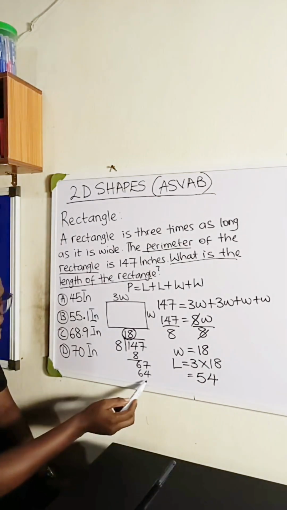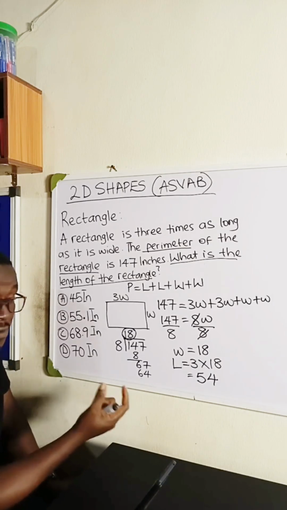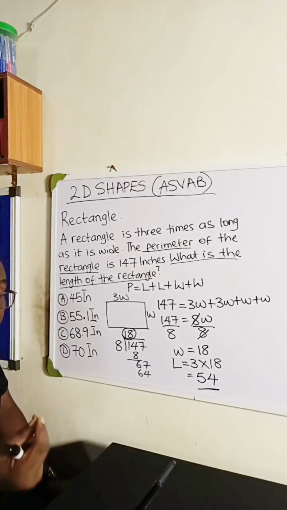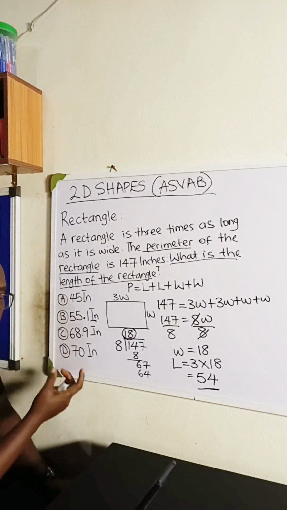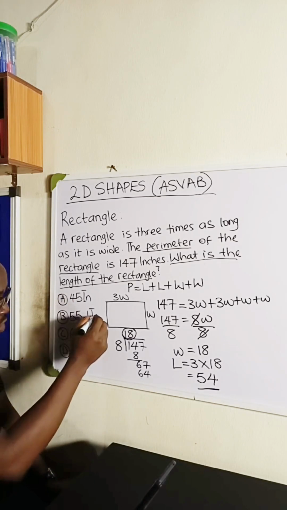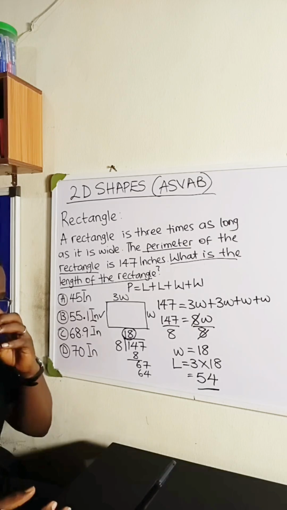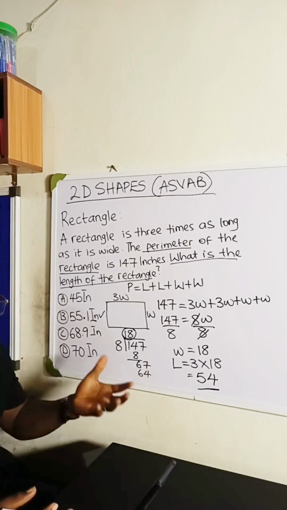But remember, there was a decimal value that we ignored earlier. So that has made our answer smaller than what it should be. But we can quickly look at the options and pick the one that is closest to 54, which is B, 55.1. So in the ASVAB exams, you are working with time, so you might not want to keep dividing and go to decimals.